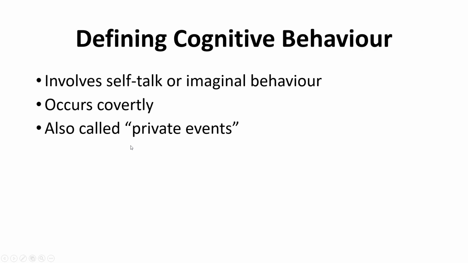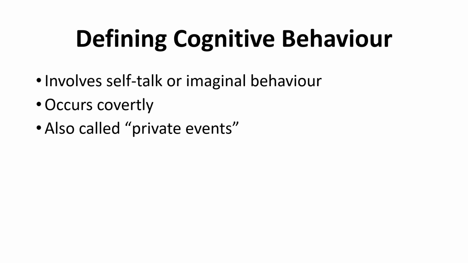You might also see these called private events because they are occurring covertly. And our textbook makes the point that, for shorthand, instead of continually saying a cognitive behavior or imaginal behavior or self-talk, they'll use the shorthand of thinking, with that imaginal asterisk, since thinking is its own difficult word that not everyone agrees to the use of.